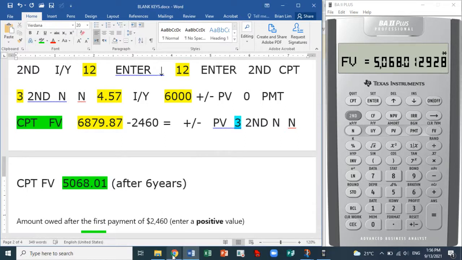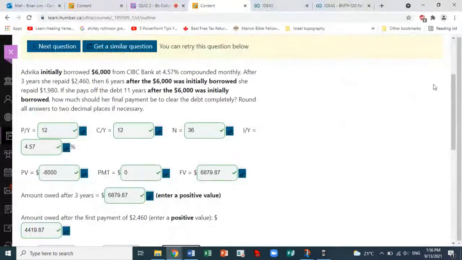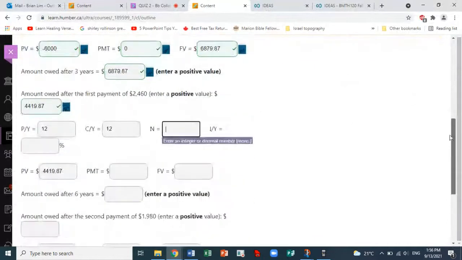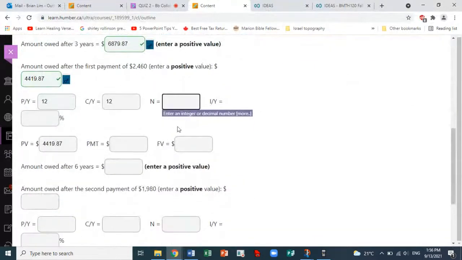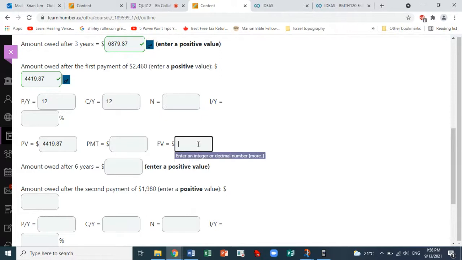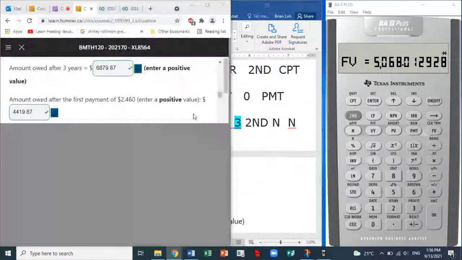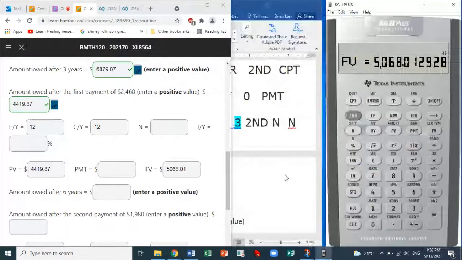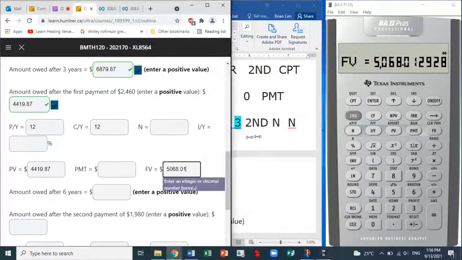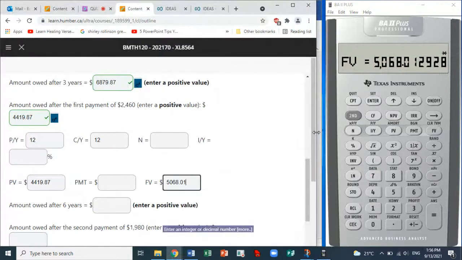So 5068.01, that number goes right in. We can make this smaller so we can see the calculator also. 0.1, yes, that is correct.